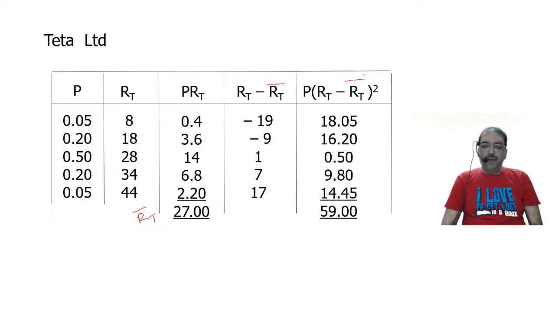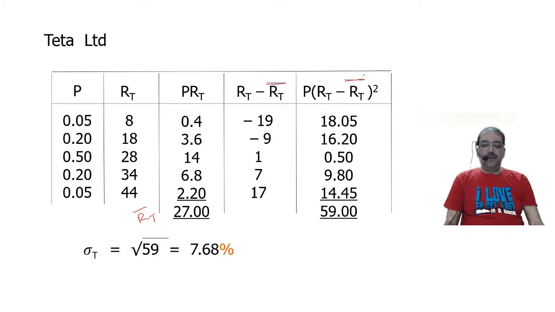Same method, I'm not changing the method. Some of these questions are also there in your past exam papers, and some of them are also in your study material. Then the standard deviation of Theta is the square root of 59.